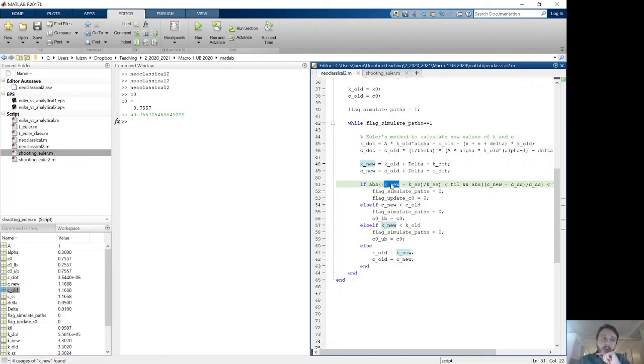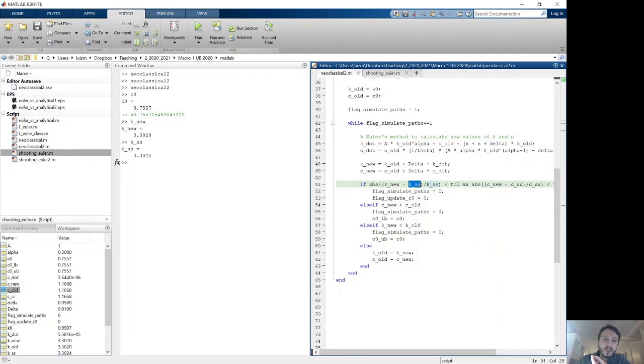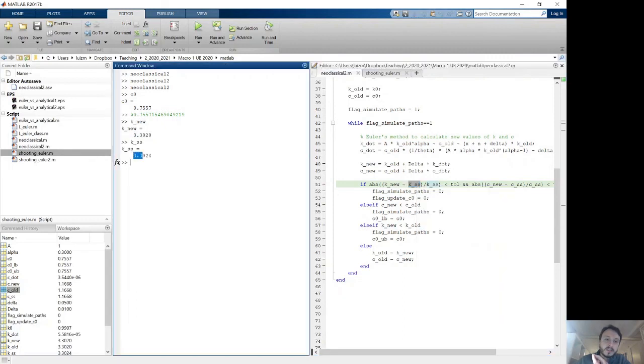This K-new contains the last value of capital in this path that MATLAB calculated. So I can plot the value here, 3.3020, and then I can compare this with the K steady state value, which is 3.3024. The difference between these two variables in percentage terms should be lower than 0.1.